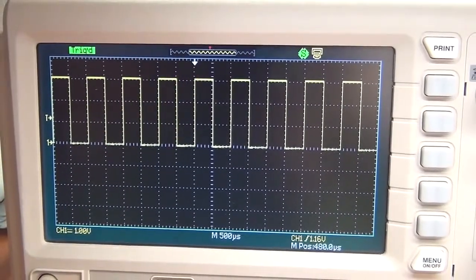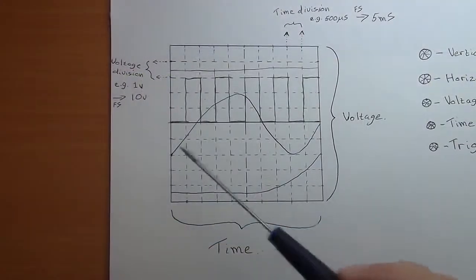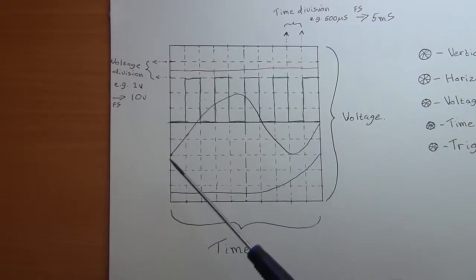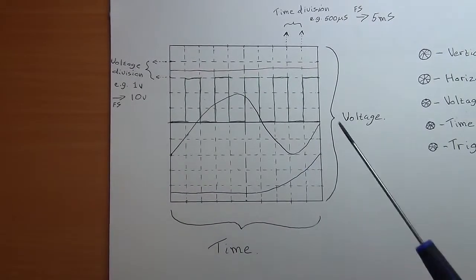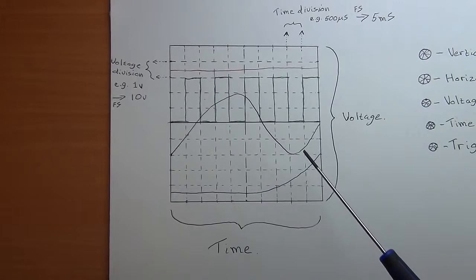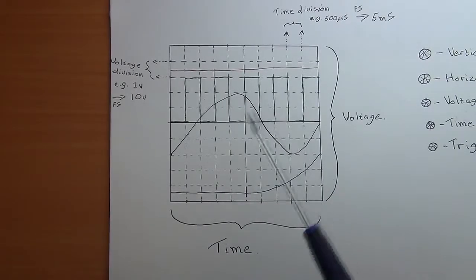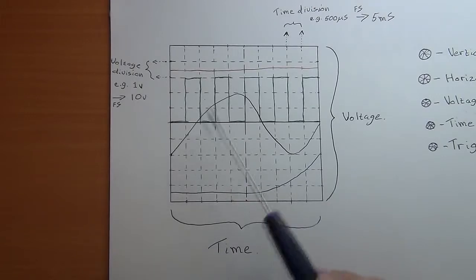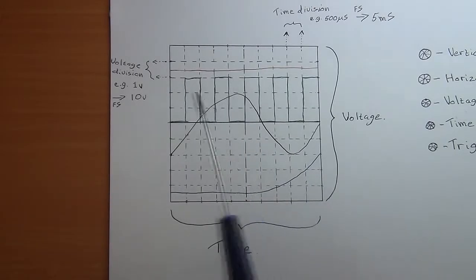So let's move on to the next bit. Now let's have a look at the types of signals which you can have coming in on your oscilloscope, and how they would be represented. Of course, there are thousands of types of signals that you can view, but let's have a look at a few.